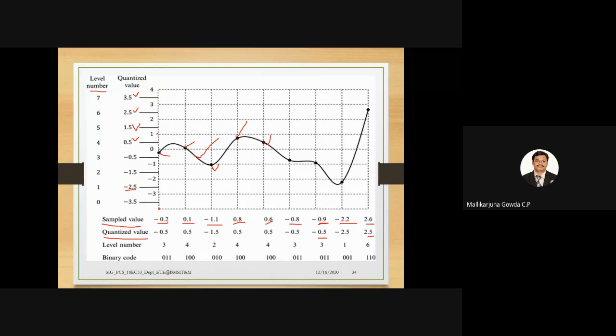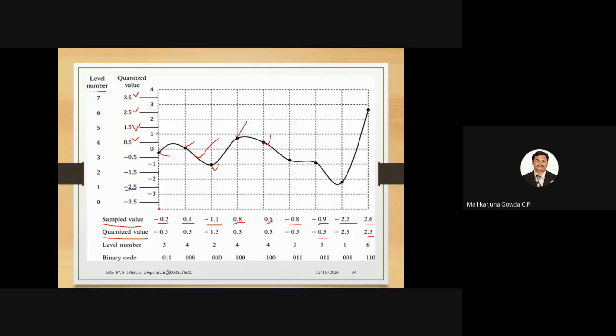If I rounded it off to minus 1.5, the difference would be 0.6, but when I round it off to minus 0.5, the difference is only 0.4. So the error will be less. So always we round off to the nearest quantization level. I hope this point is clear.